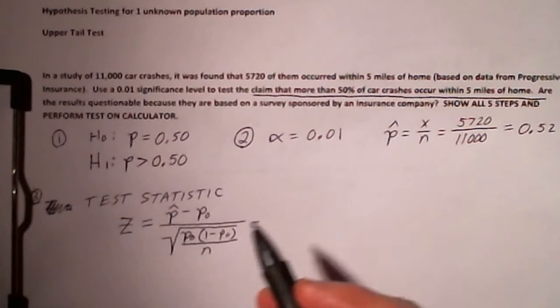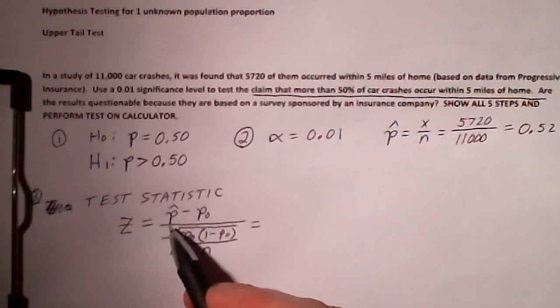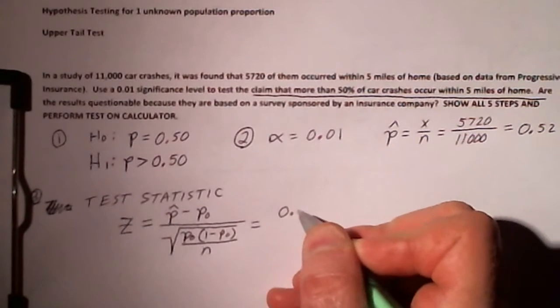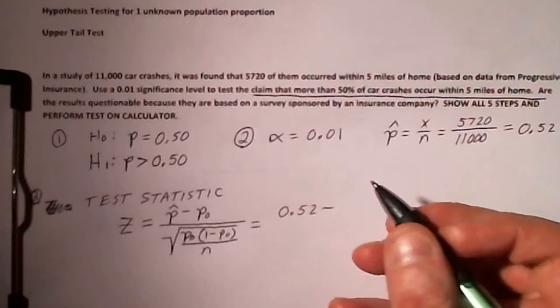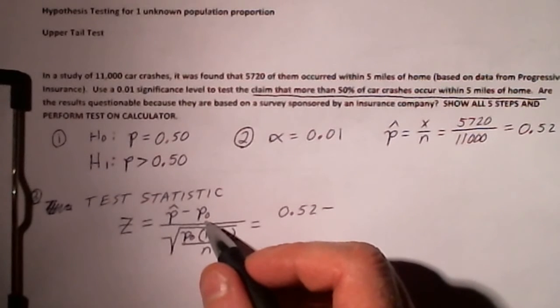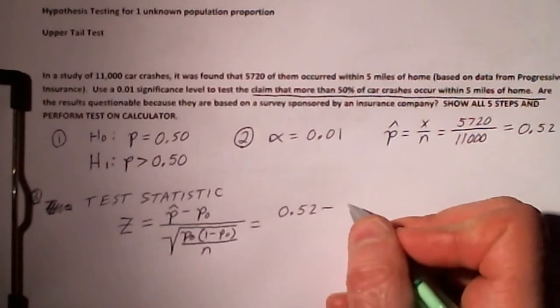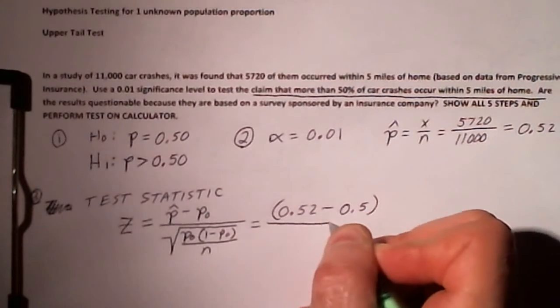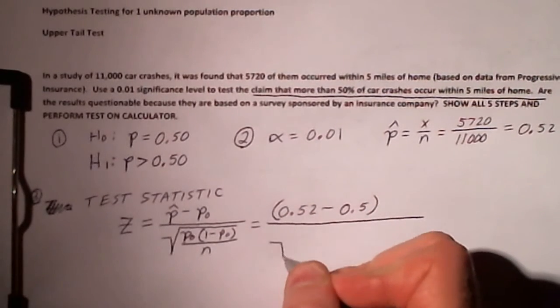Now we bring p hat down into our test statistic formula. So 0.52 takes the place of p hat. And then we're going to subtract off the purported population proportion under the null, which is to say we subtract off 0.5. All of this needs to be enclosed inside parentheses to stay off a logical error on your calculator.